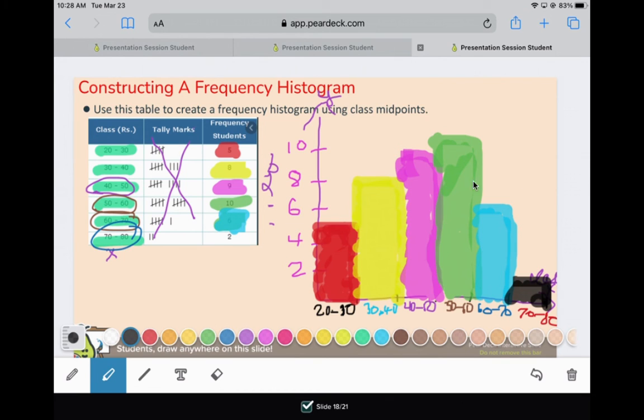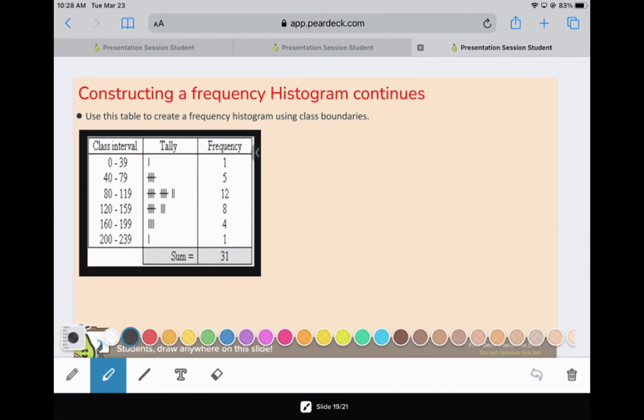All right. One more example, just to be sure. All right, so let's do one more. For this one, I'm going to go over this a little bit faster. So I'm not looking at the tally. I look at the class interval and the frequency. So this is my x-axis. This is my y-axis.